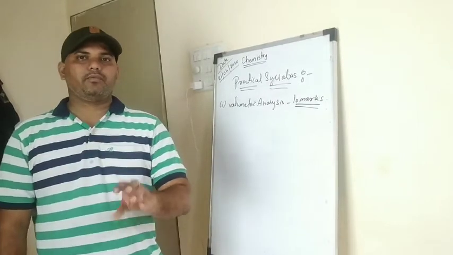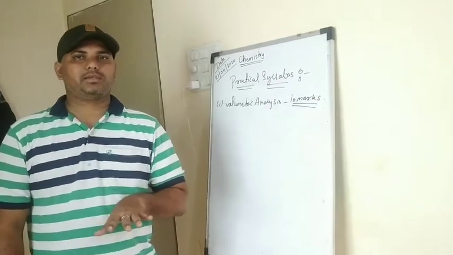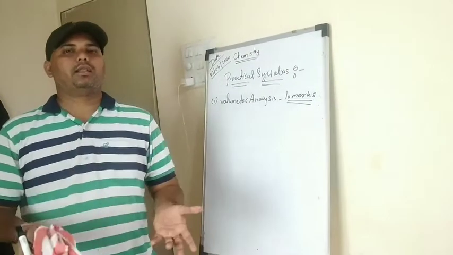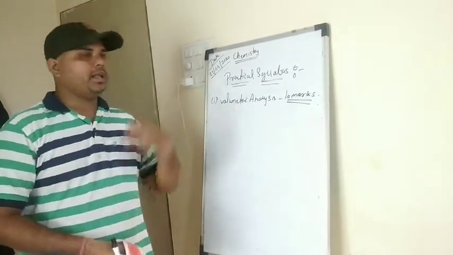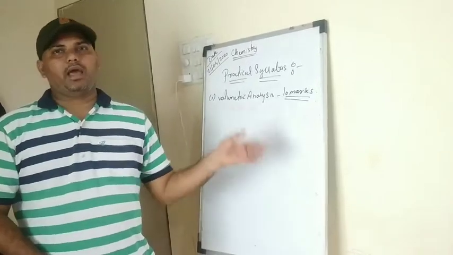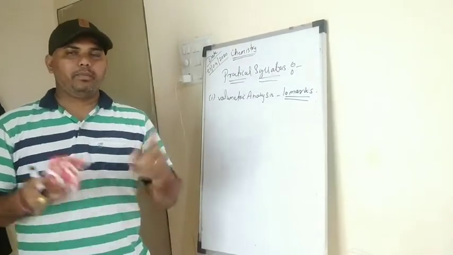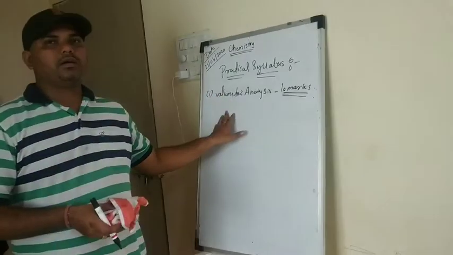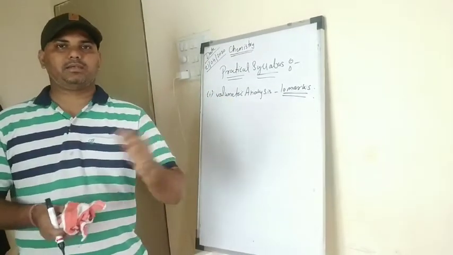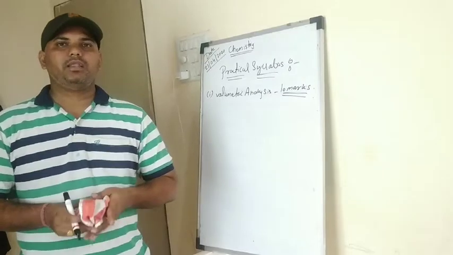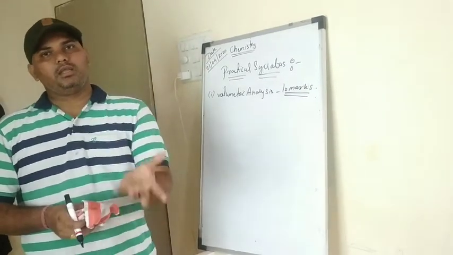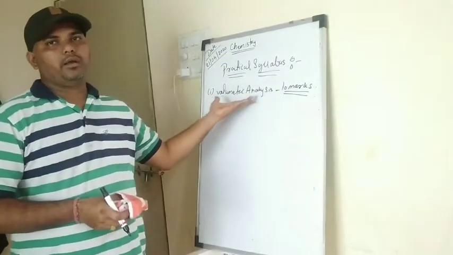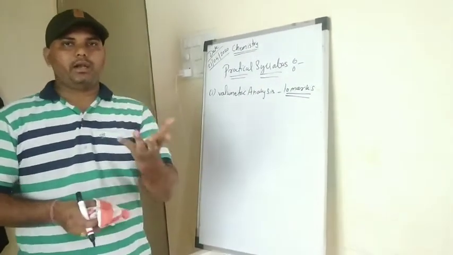Last year we had already learned the volumetric analysis. Now you might have a question: sir, what is the difference between the volumetric analysis in the 11th standard and in the 12th standard? The difference is that last year we used acids, bases and indicators, but this year we are going to use different kinds of compounds, and we are going to heat the contents we are taking.